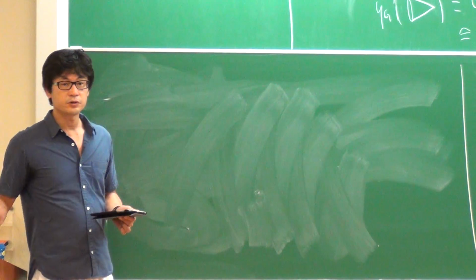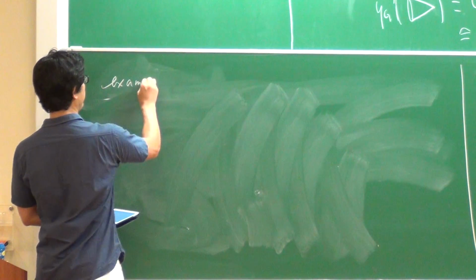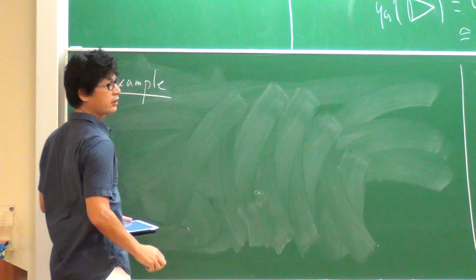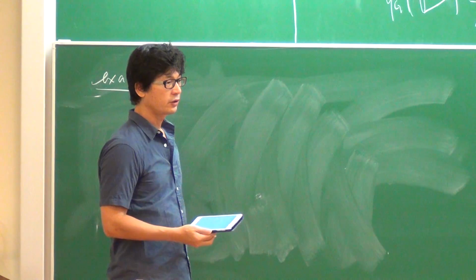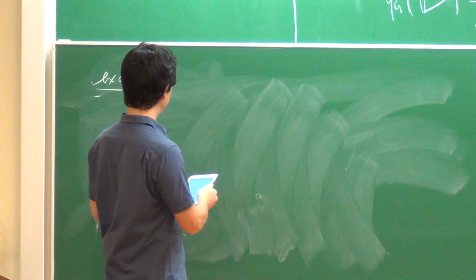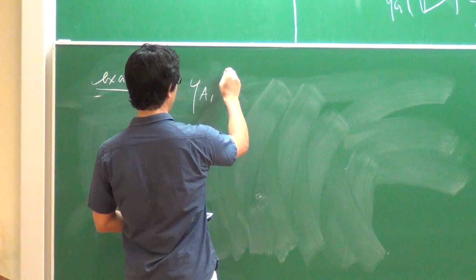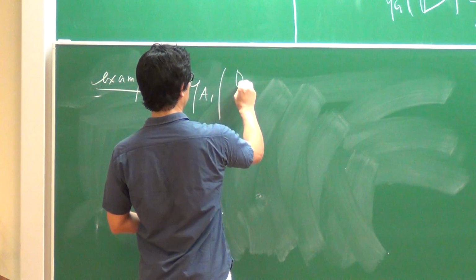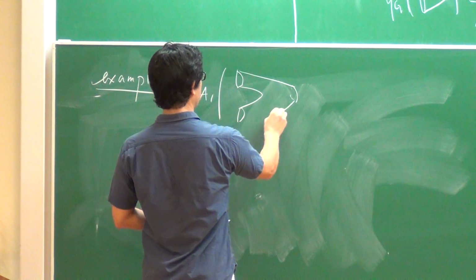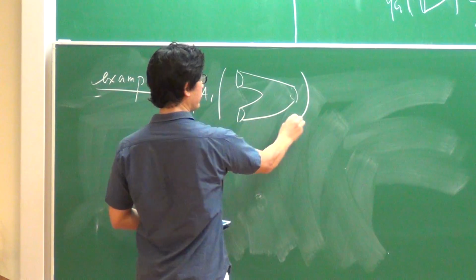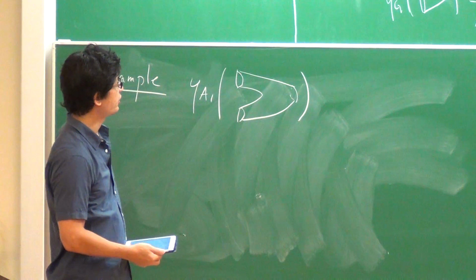Now, as I said, this is still open, but Moore and Arakawa themselves have checked the validity of the conjecture for A1 and A2. So let me explain how it looks. In the case of A1, the symplectic variety corresponding to it.